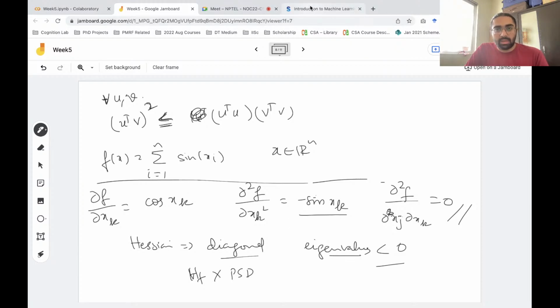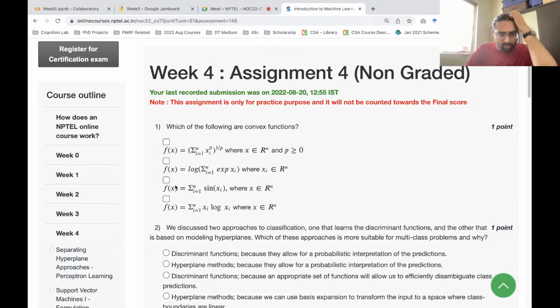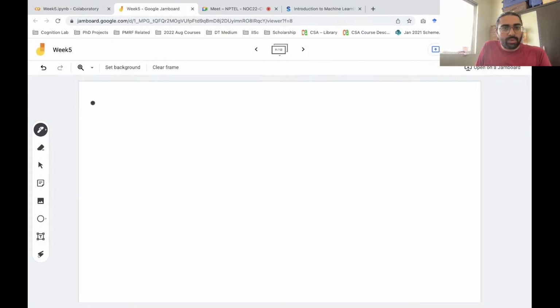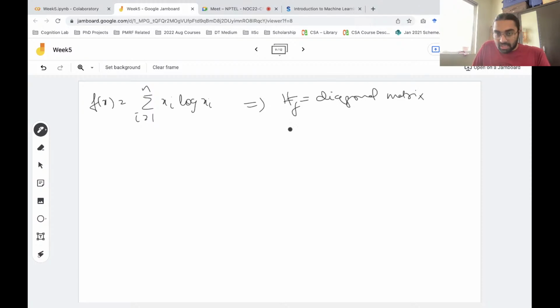Okay, I'm not sure, I think there's some issue with the coding of the answer sheet, but yeah. So the third one is not a convex function. Similarly, for your fourth one, which is f of x is the sum of xi log xi, you will get the Hessian to be a diagonal matrix such that each of your diagonal entries is positive, right?